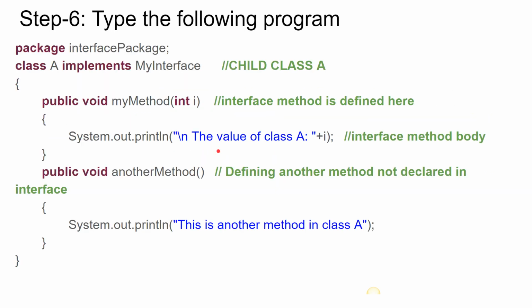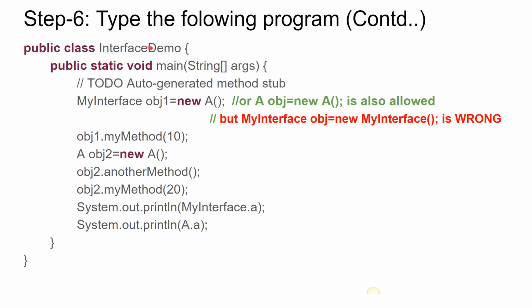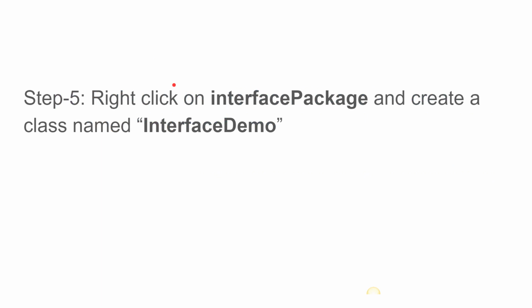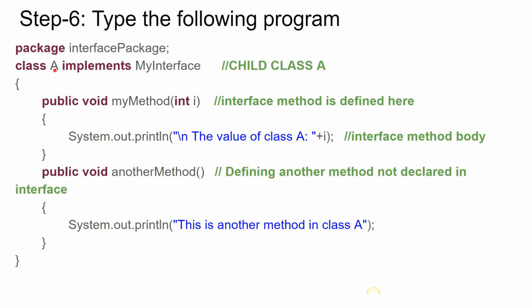And this is class A. This interface package has two classes, that is class A and InterfaceDemo, and an interface called MyInterface. So these three belong to interface package. Class A implements MyInterface, means what? Instead of the extends keyword we are using implements.